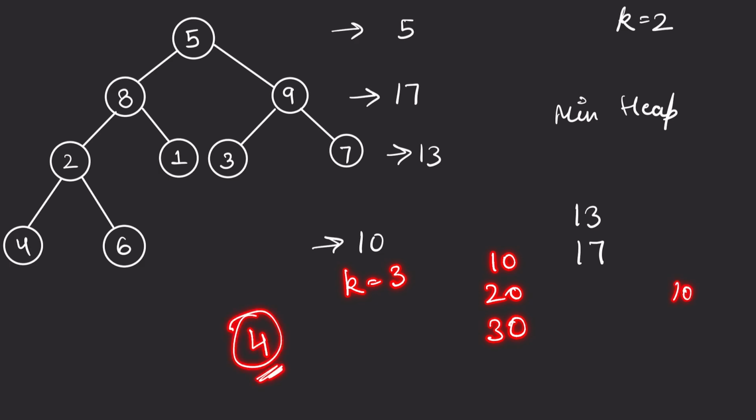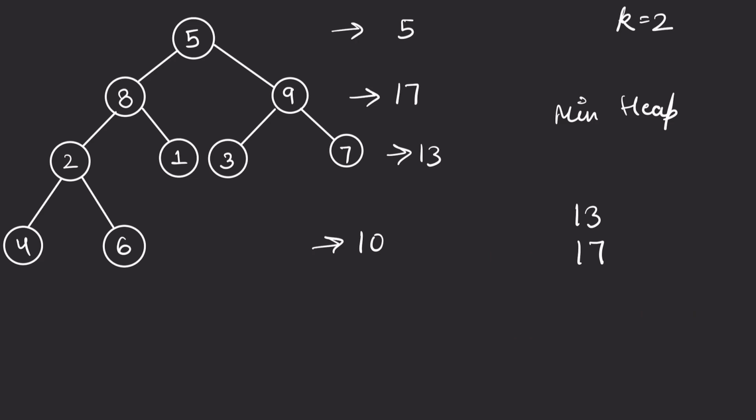Before pushing this 4, you say that I'll pop the element out because I need space for pushing this element. So you will pop this 10 out and then you will push 4, right? But now at the end, what will be your third largest sum? 4, which is wrong. It would have been 10, right? So first we will push our current element into the min heap, then we will compare the size, and if it has exceeded the limit, then we will pop the element out, right? So this is our approach.